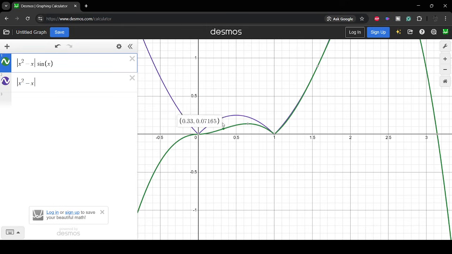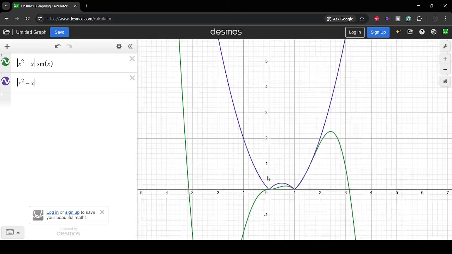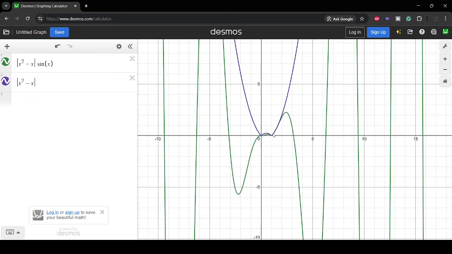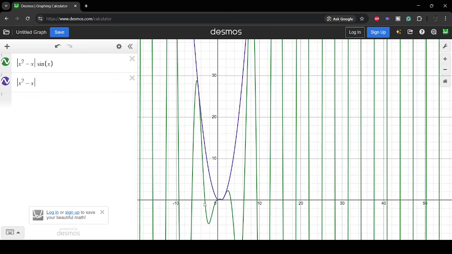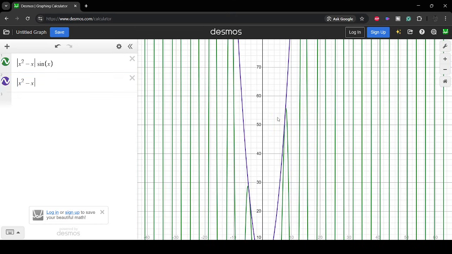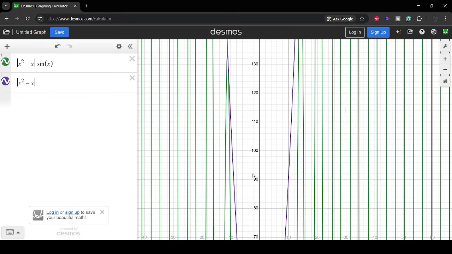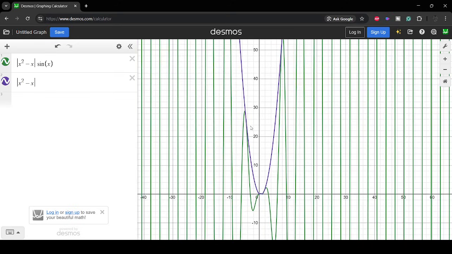Oh yeah, I miscalculated. This should have been above the x-axis. Okay, my fault. That's probably the only mistake I did, but the rest is correct. The period stays the same, and my amplitude is determined by the maximum, or at least when it touches. The maxima are determined by when it touches the modulus x squared minus x graph.